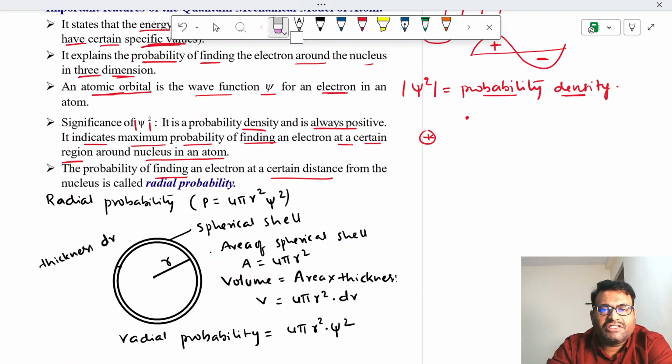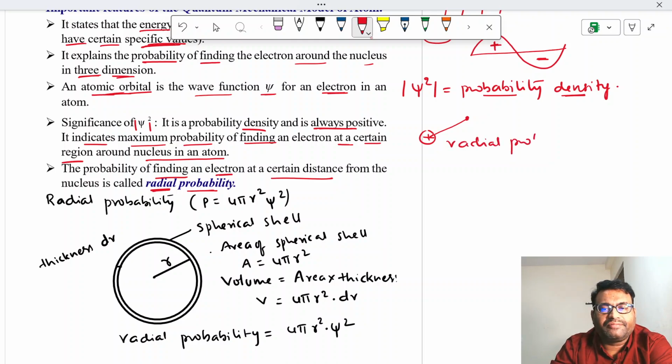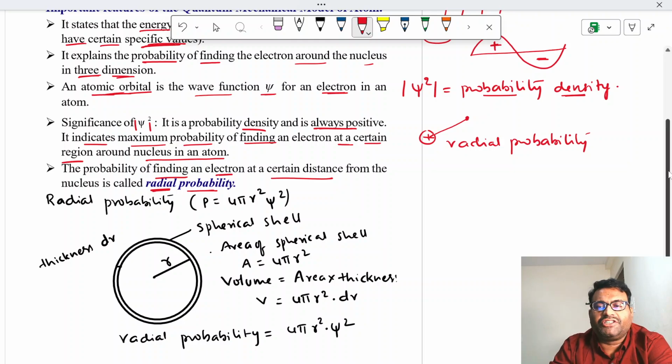At what distance this electron is present is discussed by what? Radial probability. What is meant by radial probability? It is the probability of finding an electron at a certain distance from the nucleus. At what distance the electron is possibly present, that's called the probability of finding the electron, and that's called radial probability. We can also say it as radial probability function.